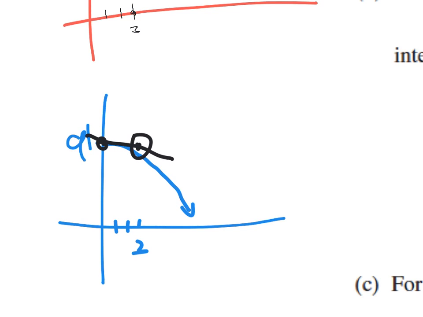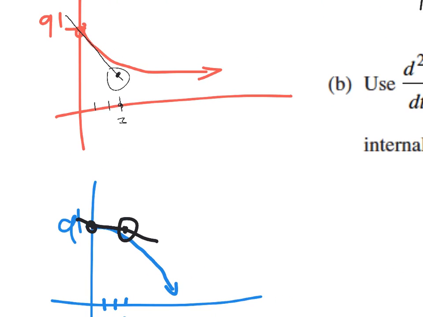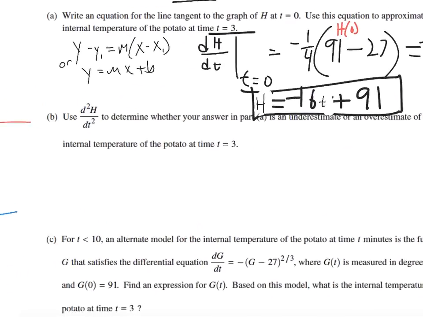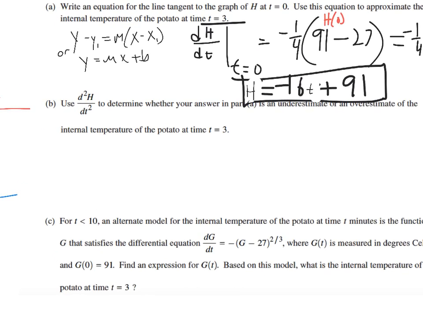So if the actual curve is concave down, then this is an overestimate. If the actual curve is concave up, then this is an underestimate. All right? So we found the point on the tangent line. We didn't find the point on the actual curve. So the idea is, let's use that to decide if it's an underestimate or overestimate.